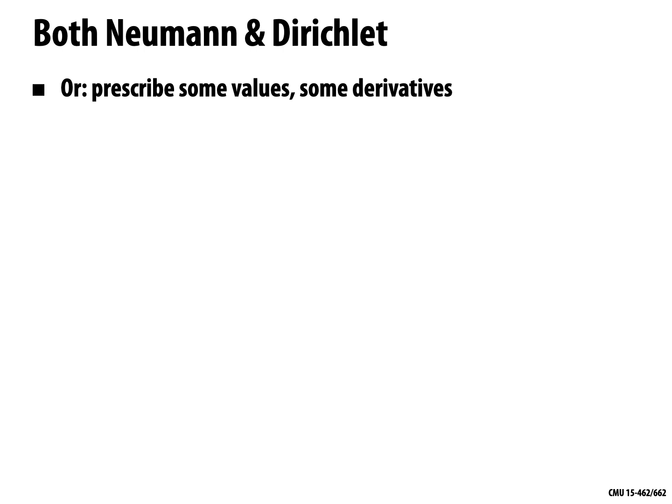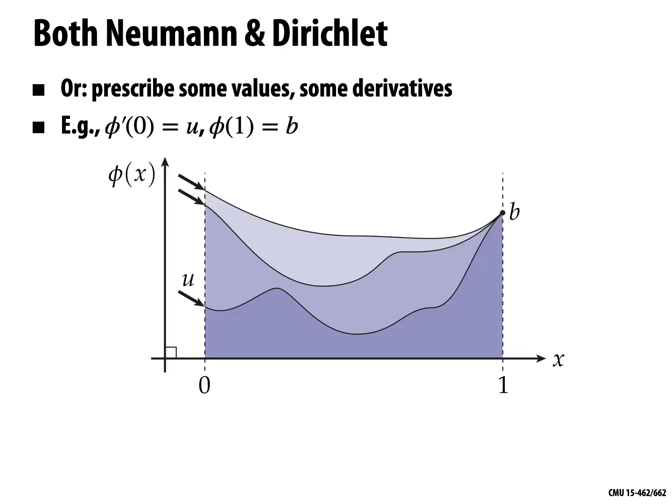What about both Neumann and Dirichlet values? Right? Does it make sense to think about prescribing some values and some derivatives? Like, I want to prescribe the slope at 0 and the value at 1. Sure, nothing wrong with that, right? I could think of a lot of different functions that start out with a certain slope and end up at a given point.